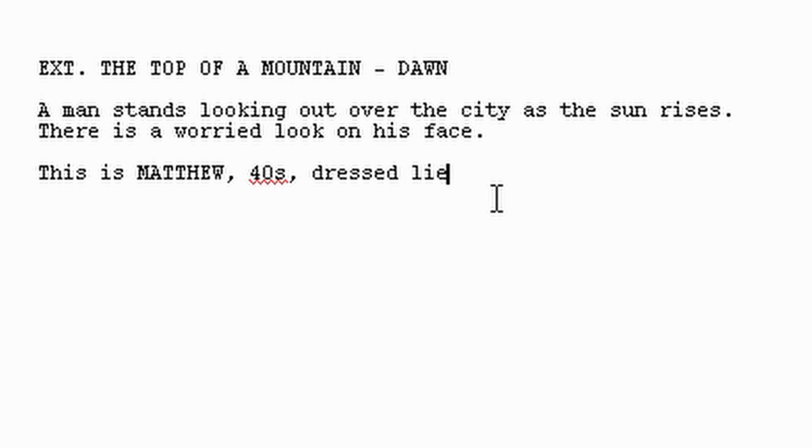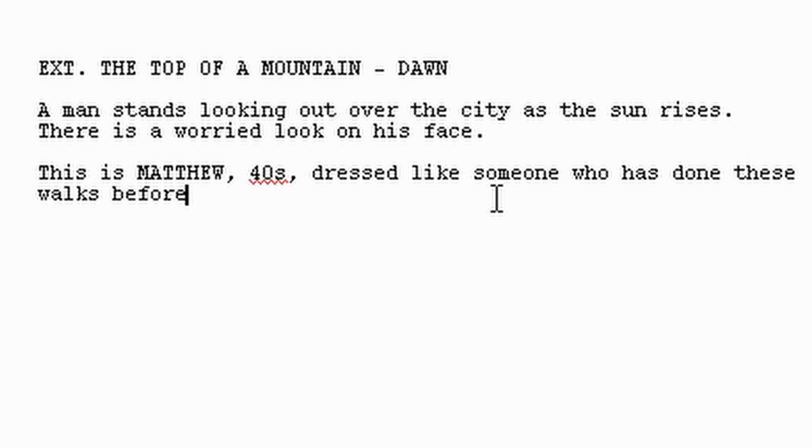This is where we get to know them. The important thing as well to think about in this initial introduction is, what do you want your audience's first impression of this character to be? So, think of how you're going to describe them.